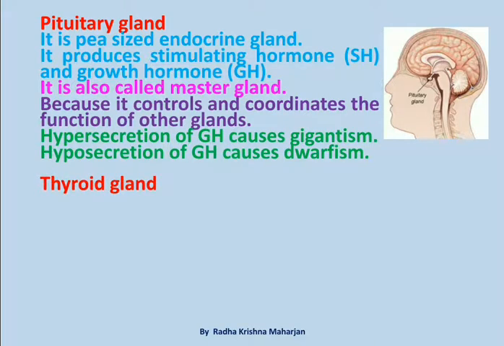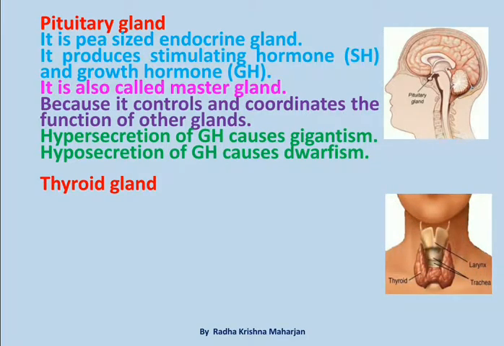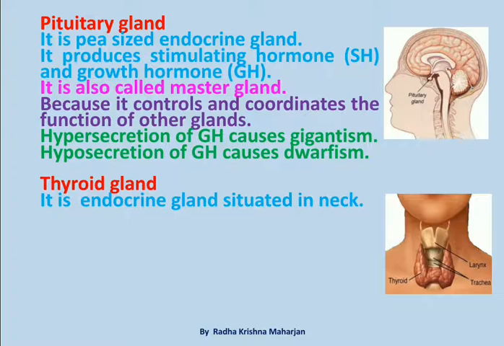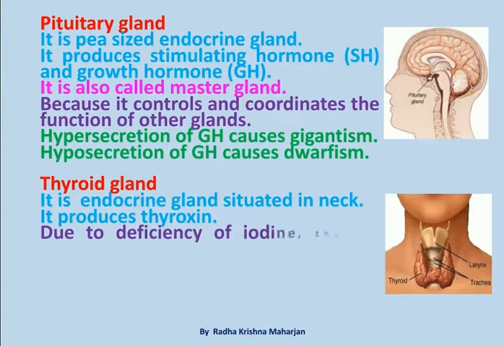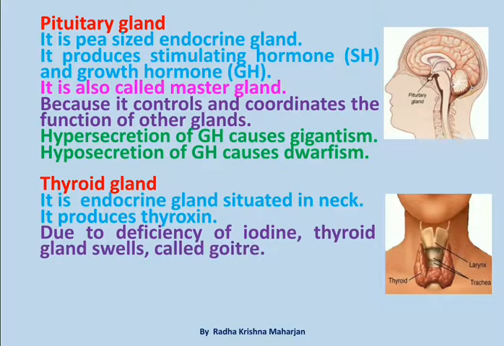Thyroid gland. It is endocrine gland situated in neck. It produces thyroxine. Due to deficiency of iodine, thyroid gland swells, called goiter.